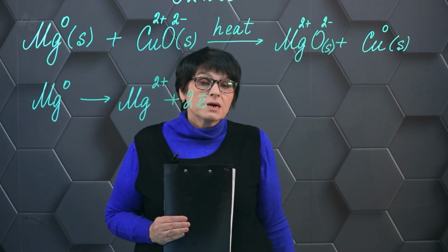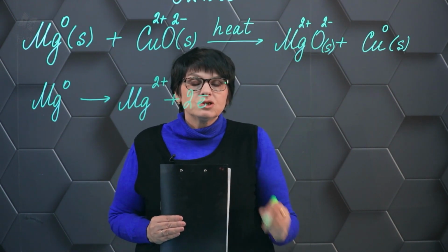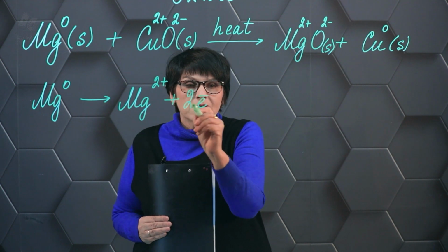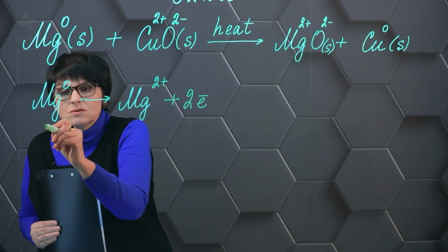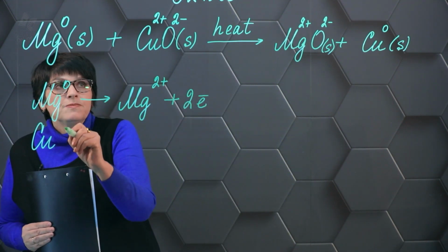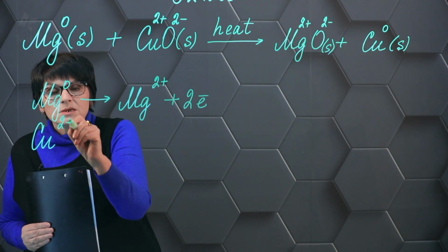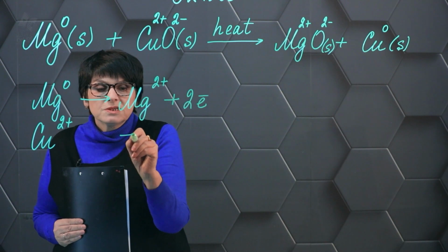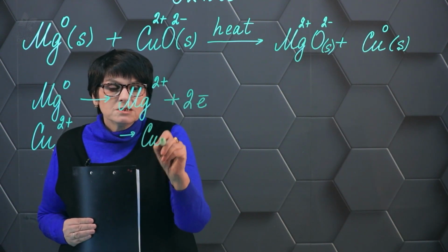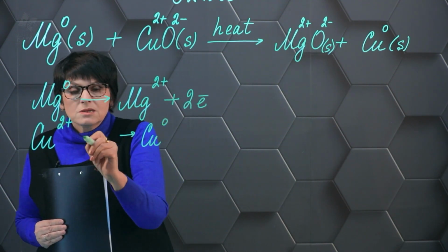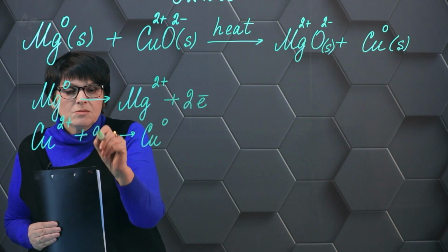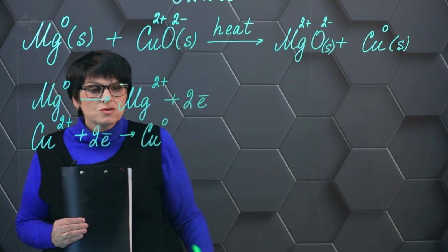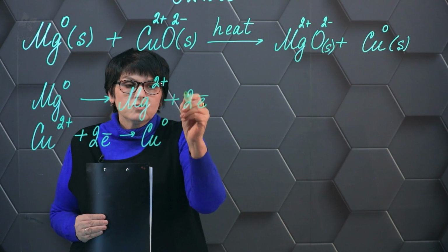On the right side, show that 2 electrons in this case will be given up. Next, what is the copper at this time? Copper will go from oxidation degree 2 plus to oxidation degree copper with a charge of 0. And then the copper, it turns out, will accept 2 electrons. So magnesium will give up 2 and copper will take up 2.